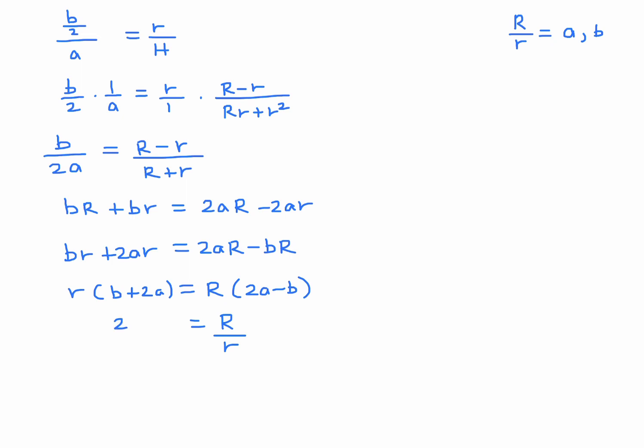And when I do, on this side, it'll be 2A plus B over 2A minus B. And there we go. Without any real tricks, we're able to get big R over small r in terms of A and B. And in particular, it's 2A plus B divided by 2A minus B. And that completes the question.